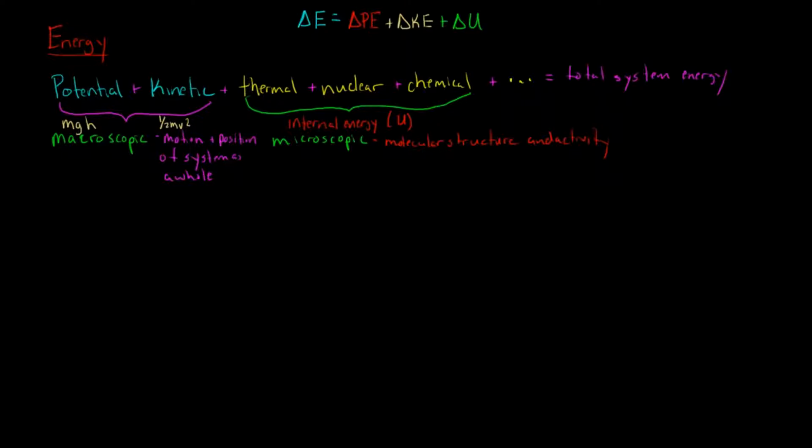And if we expand this out another step, we're going to have energy at some state 2 minus energy at state 1, so that's just a change in energy, is equal to potential energy at state 2 minus potential energy at state 1 plus the kinetic energy at state 2 minus kinetic energy at state 1 plus internal energy at state 2 minus internal energy at state 1.